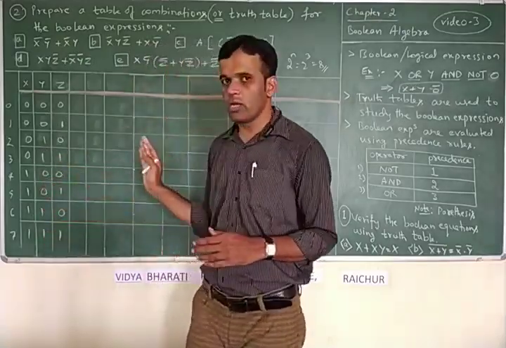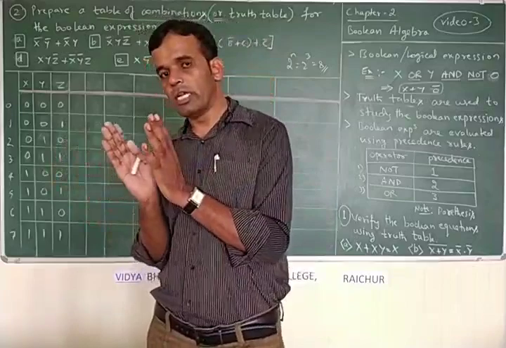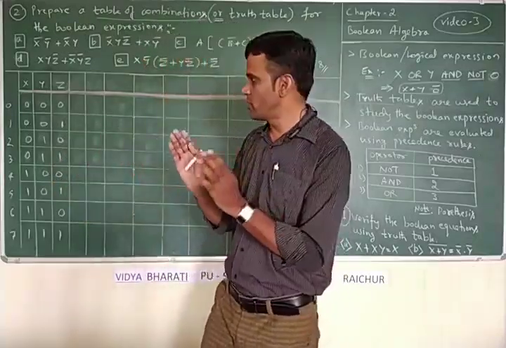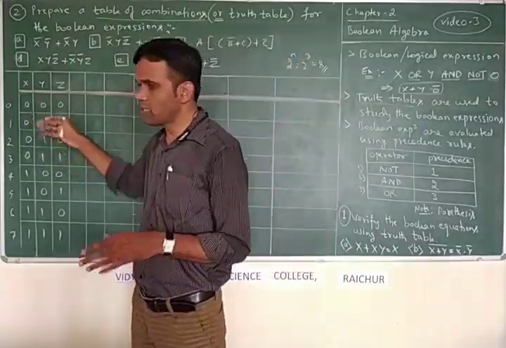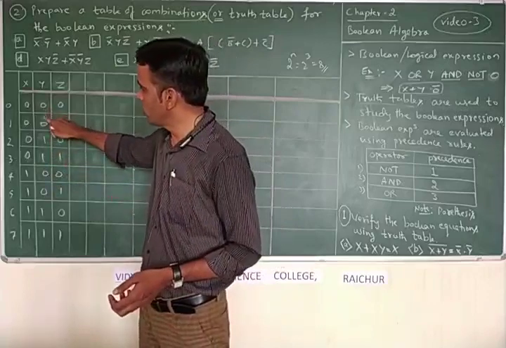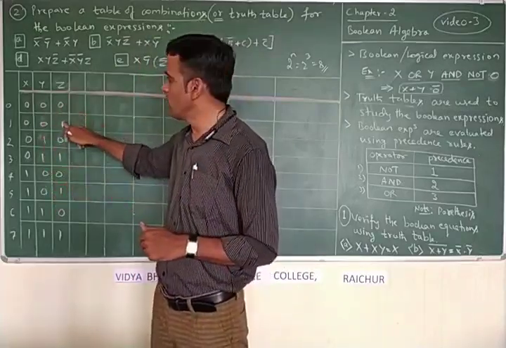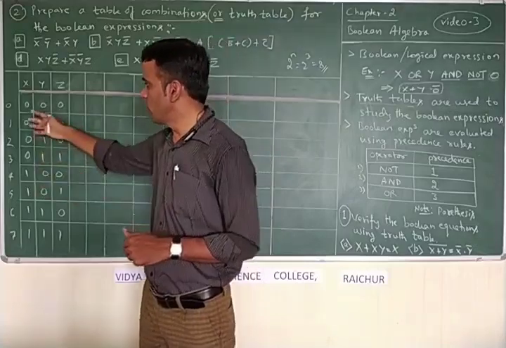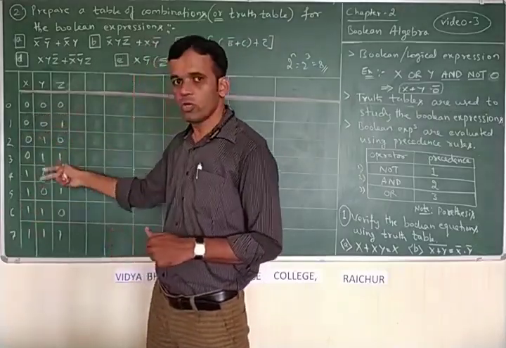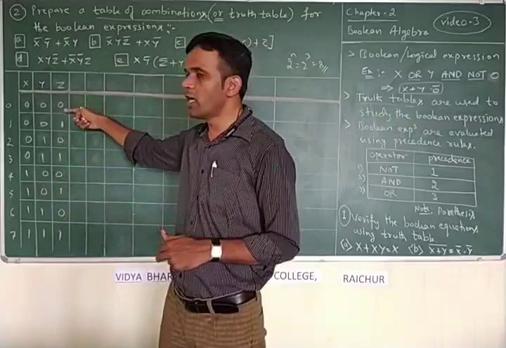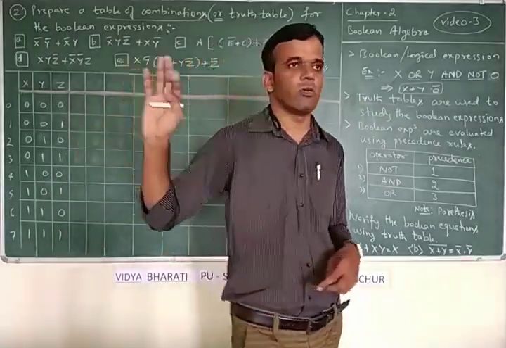Then moving to the next column, again you take half of the previous case. Again start with 0. Half of 2 zeros means only 1 zero. Then 1 0 1 0 1. So 4 0 4 1, 2 0 2 1 2 0 2 1, and then alternately you write 0 1 0 1.